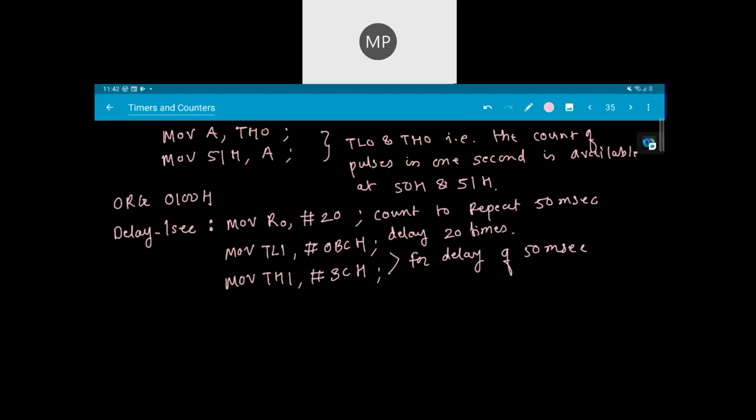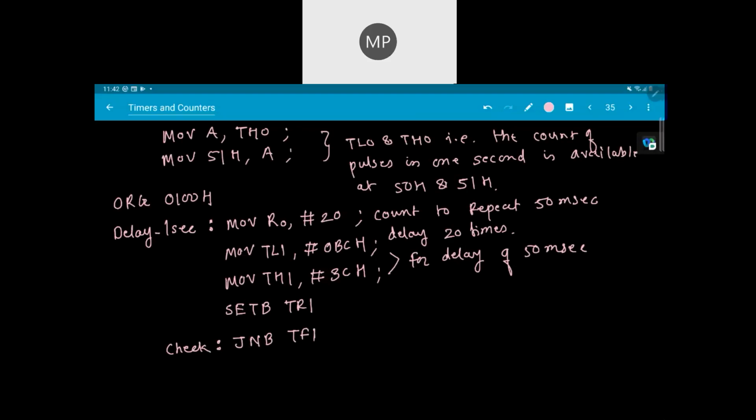Now since we have loaded the values into TL1 and TH1, what we need to do is start this particular timer. So SETB TR1. So by TR1 we are starting the timer of 50 millisecond, and then we'll keep on checking whether this bit has been set or not. So this is JNB, jump if no bit.